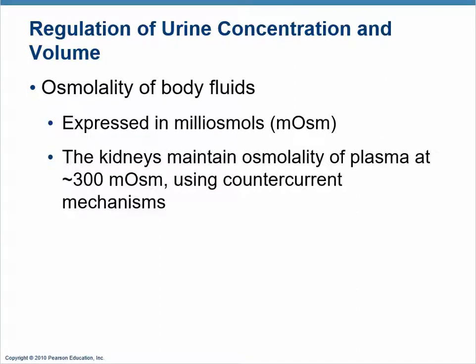So I'm not going to get into the numbers, and I'm not really that worried about the numbers. When we look at the osmolality of body fluids, the normal osmolality is about 300 milliosmoles.